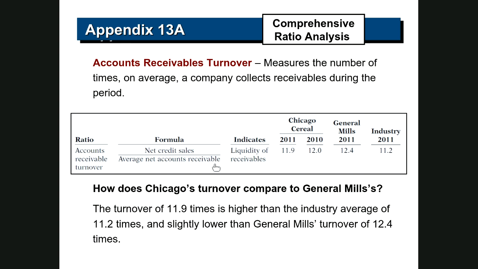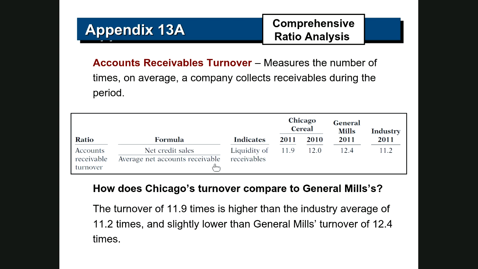So here, the way we are going to calculate this is we're going to use the whole sales, all of the sales, not just credit sales. So tell me the sales of 2011, the first line on the income statement. 11,776 divided by average net accounts receivable.